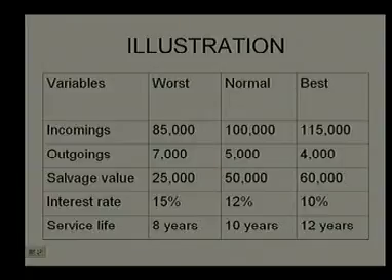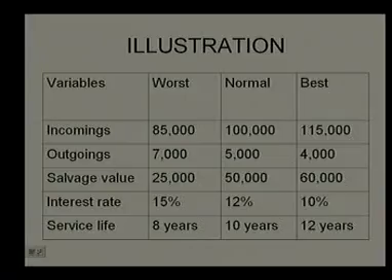and just the opposite has been done for best scenario. So, if you look at the last column, incomings value has been taken as 115,000. Outgoings I have reduced because that will be a favorable situation for me. I have assumed it to be 4,000.